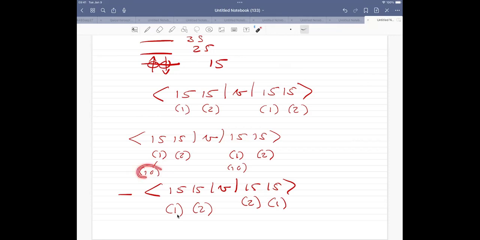Now, when this is spin up, then this one here has to be spin down, because this is the way we have made the ansatz. If we have 2 electrons there, then they cannot have the same spins.